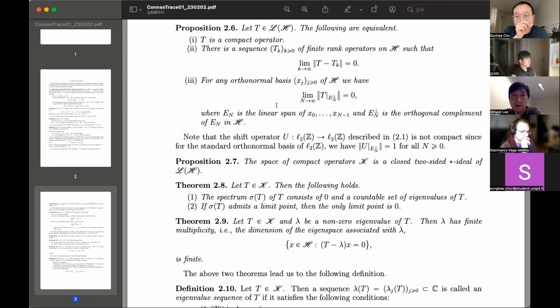So if T is a compact operator, then its Hilbert space adjoint T star is also a compact operator.